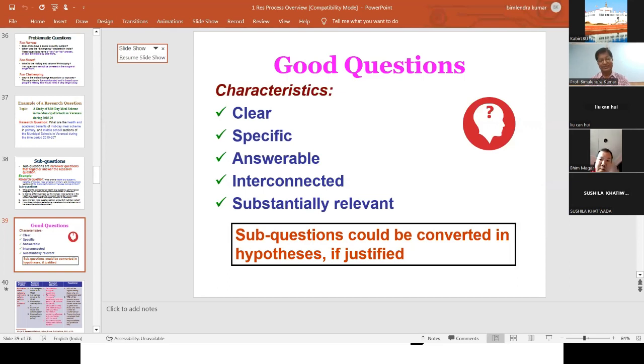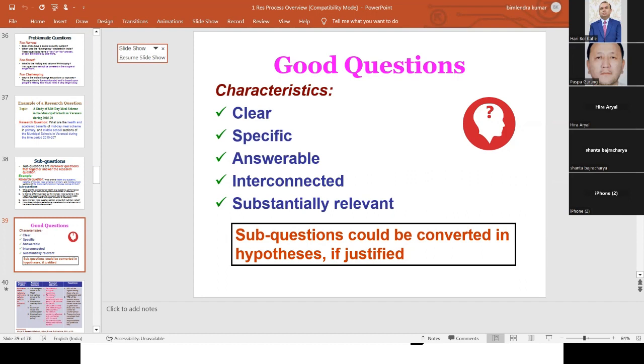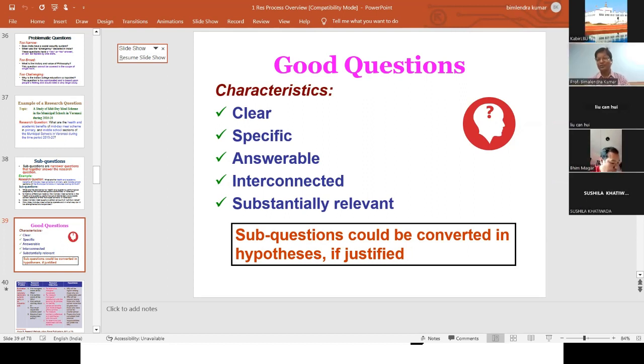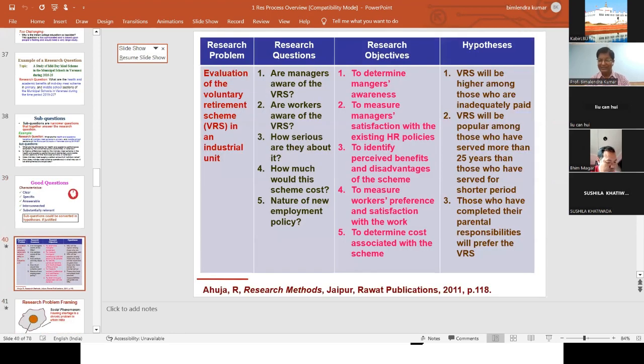The research questions must be very clear, very specific, pointed, answerable, and interconnected with each other, and substantially relevant or important to the society, economy, geography of the state or the country itself.